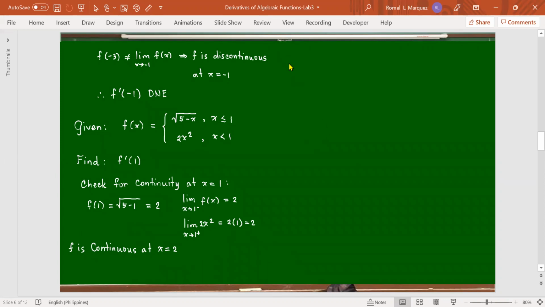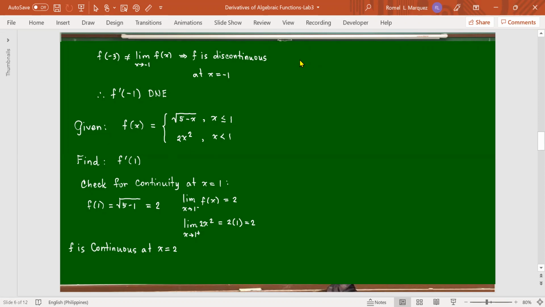So you can proceed. But if it is discontinuous at x equals 1, there is no need to get the left-hand and right-hand derivatives. But if you have so much patience, go ahead.